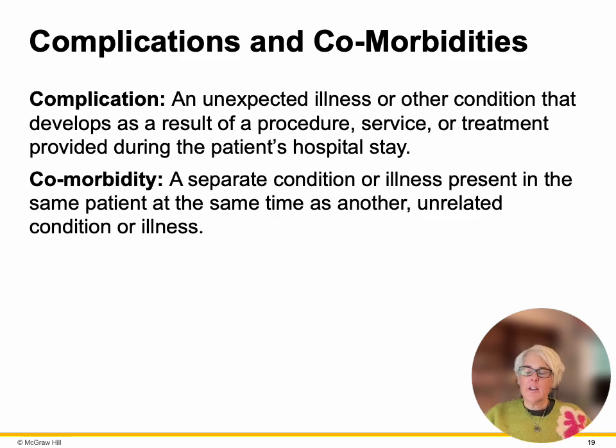When I code these accurately, they help paint the fuller picture of how sick the patient was and how complex the care was. In many DRG systems, designated CCs, or complications and comorbidities, can move a case into higher severity groupings.